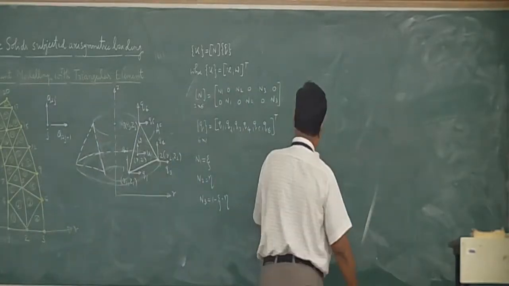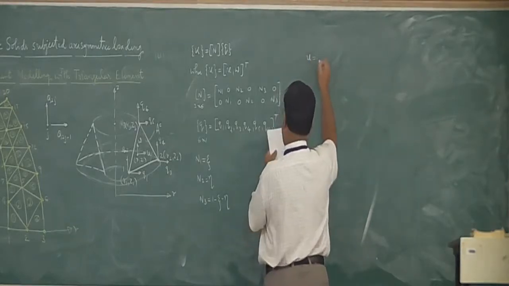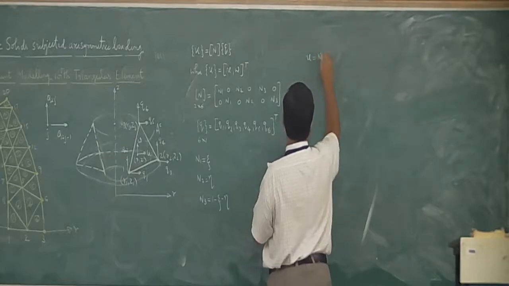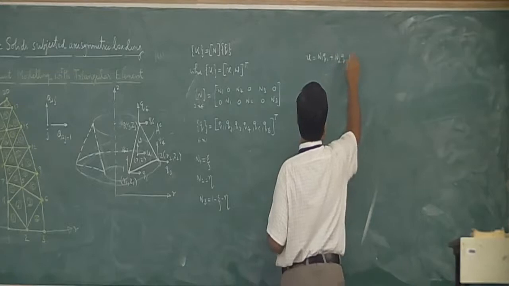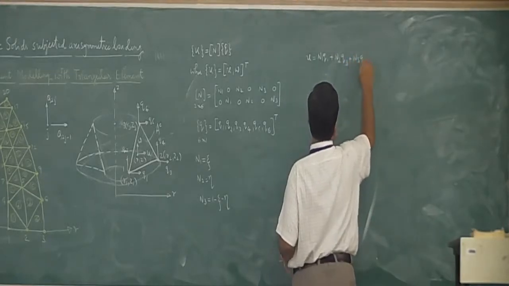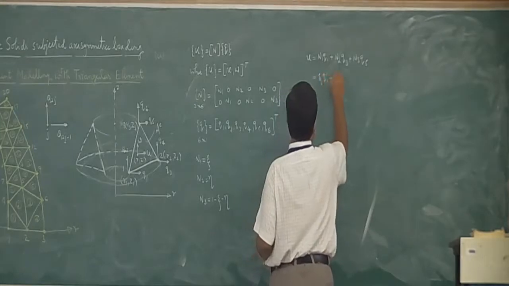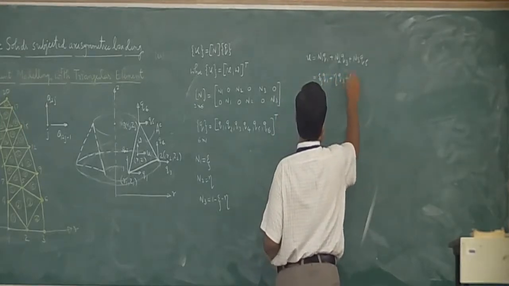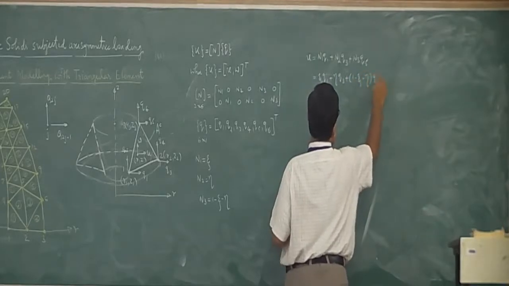Now, if I recall again, u was written as N1 Q1 plus N2 Q3 plus N3 Q5, which in this case is zeta Q1 plus eta Q3 plus (1 minus zeta minus eta) Q5.